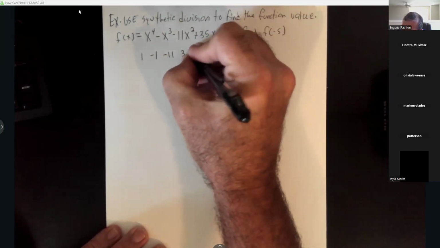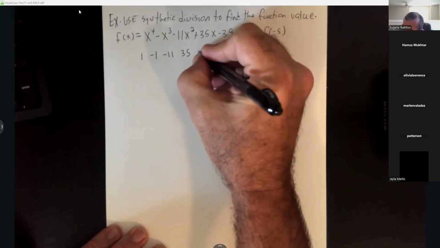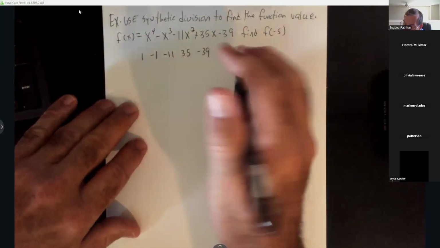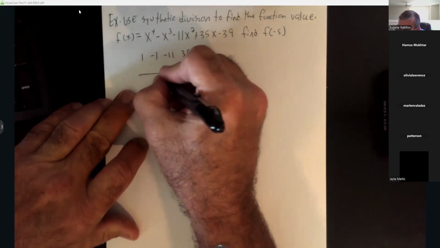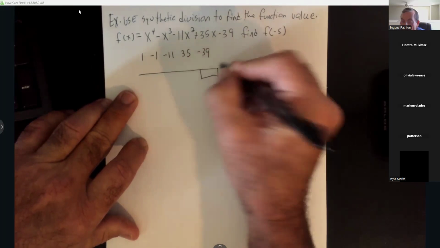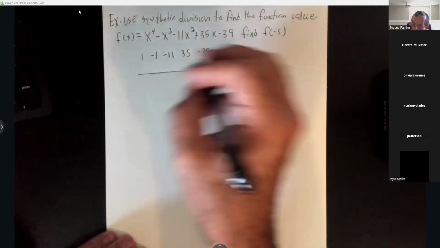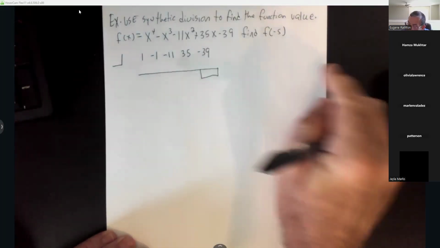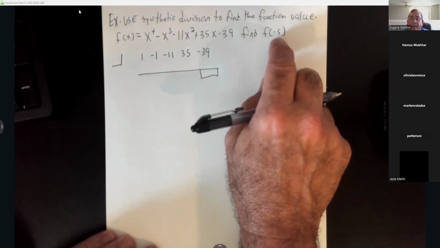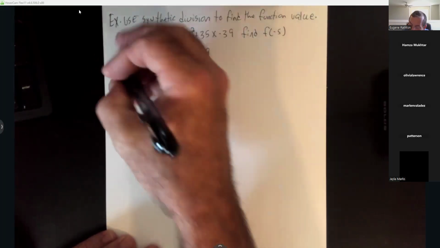I got 35 for the x term. And I got negative 39 for the constant term. All right, I'm going to draw my box, my line with my box under the last number. All right, so since I'm finding a function value, f of negative 5, negative 5 is my C.